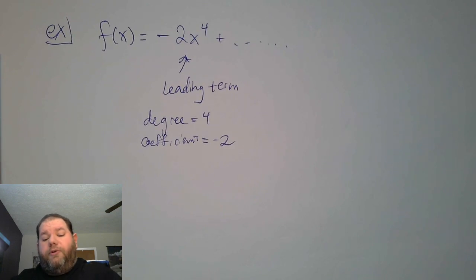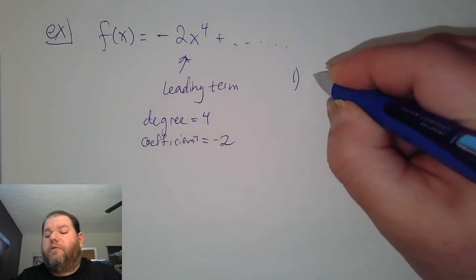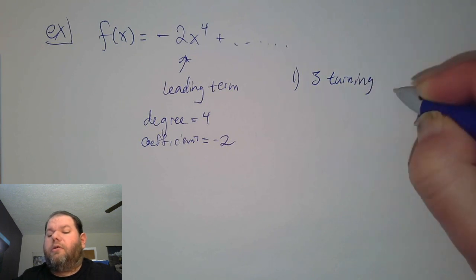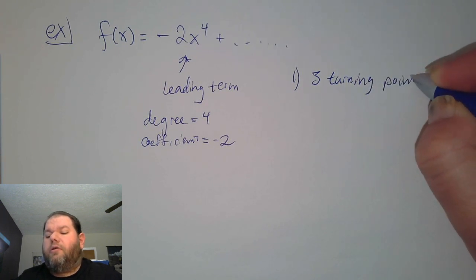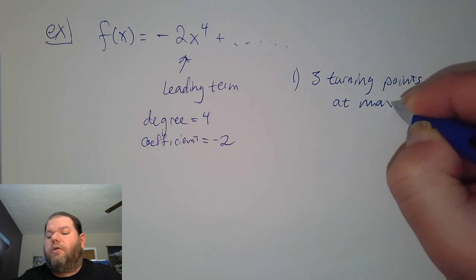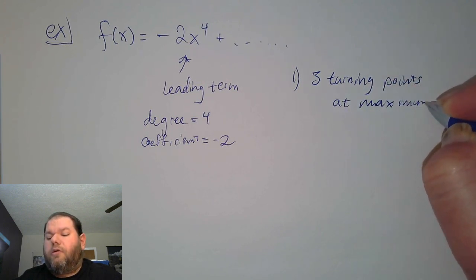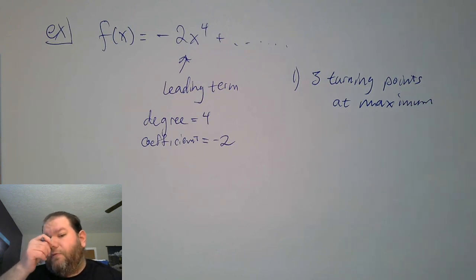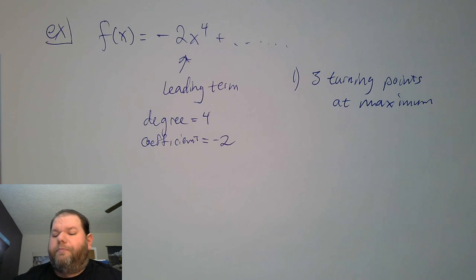So 3 turning points. Okay, so we have 3 turning points at maximum, or at most, whichever way we want to say that is fine. Doesn't mean it's guaranteed to have 3, but it won't have more than 3.